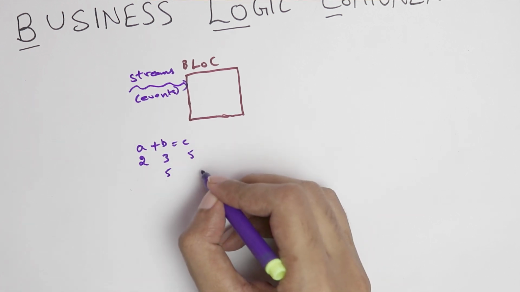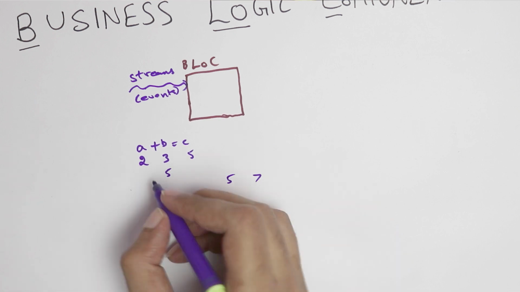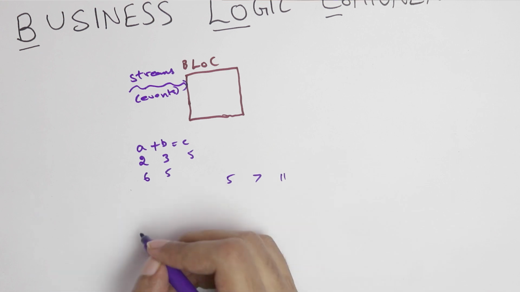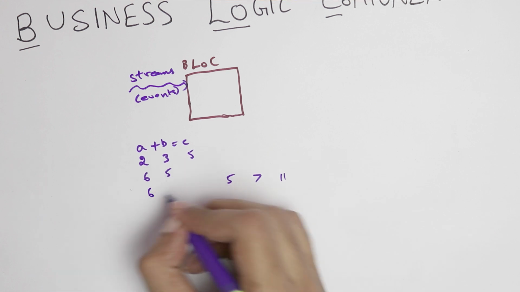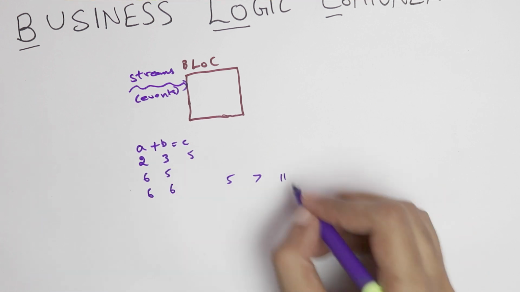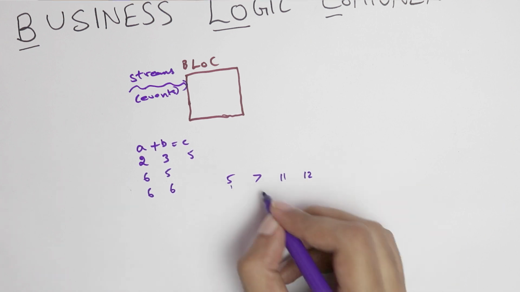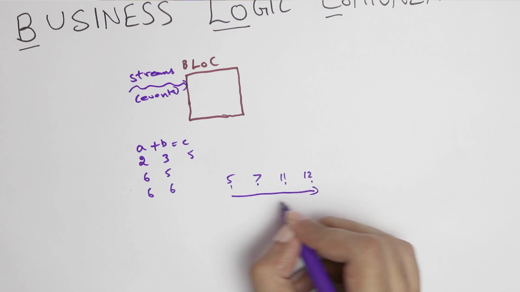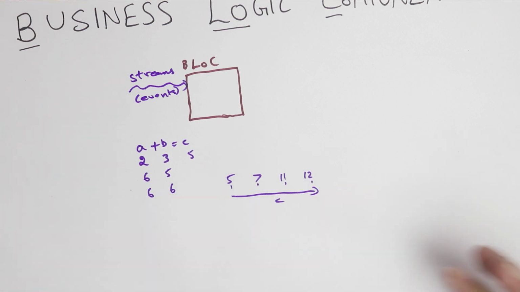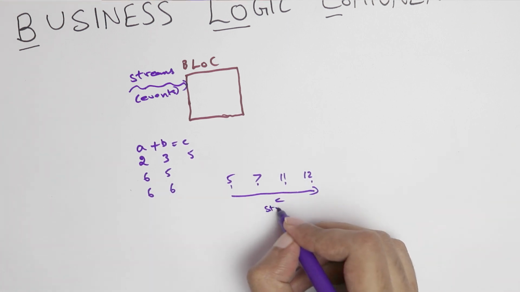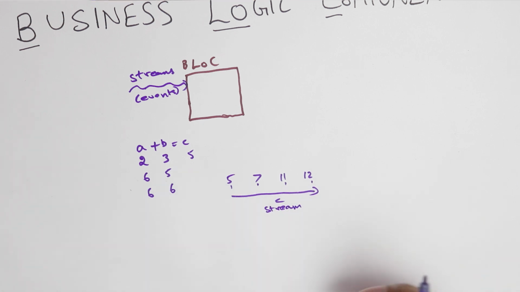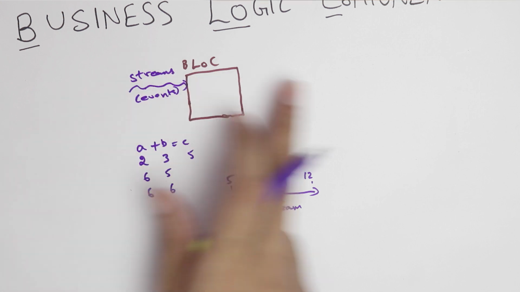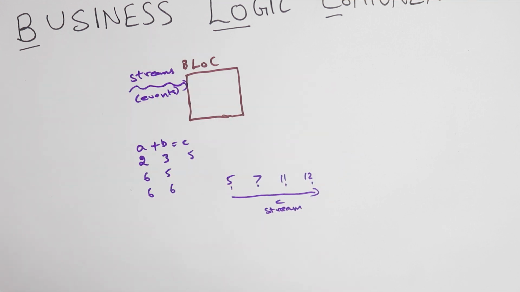In this case, C becomes 7. And A changes to 6. In this case, C becomes 11. Now B also changes to 6. C becomes 12. So C was 5, then 7, then 11, then 12. C is appearing over a period of time. So this is a stream of values, and this is what a stream of events is, what is sent into a business logic component.